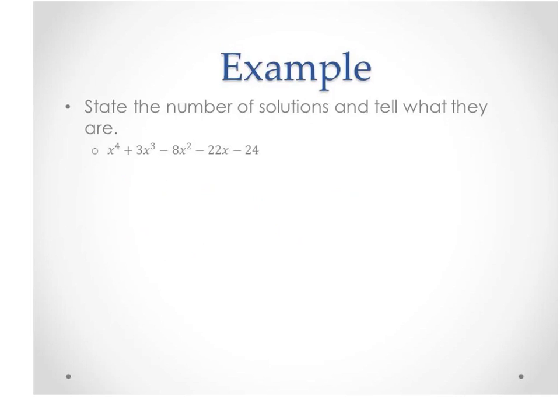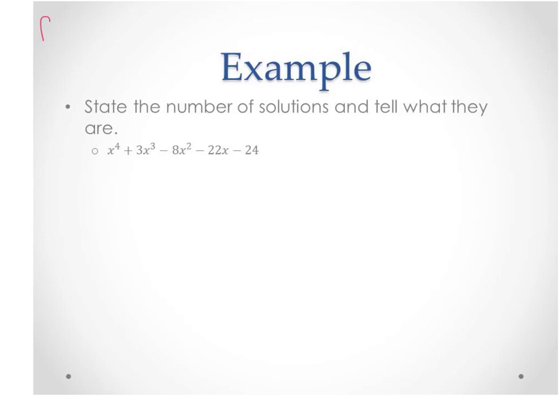Okay, state the number of solutions and tell what they are. We're looking for at most 4 solutions because we have a degree 4. One thing we can do is graph this, which we might do in a second.